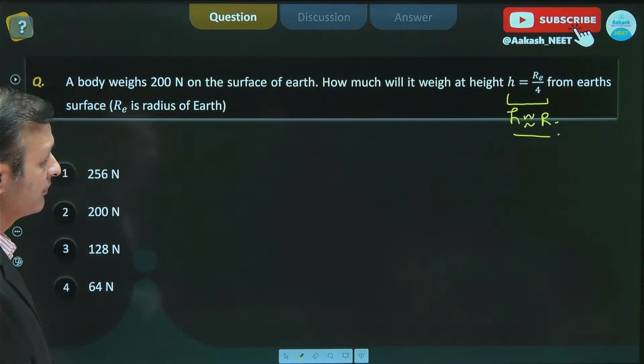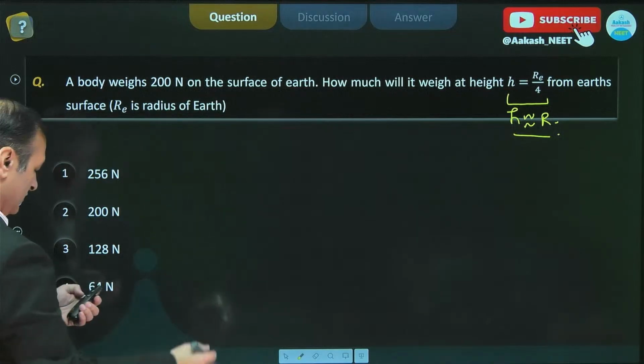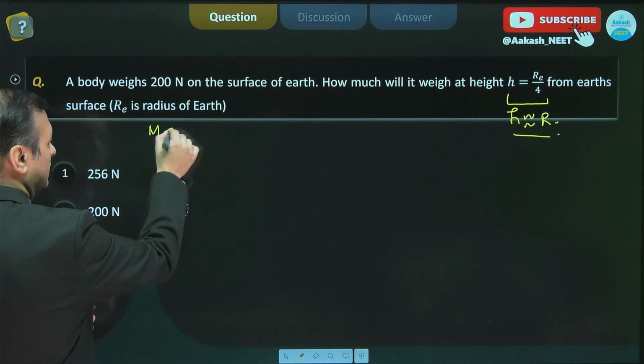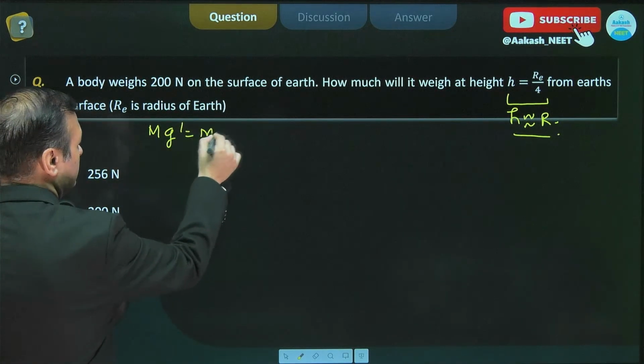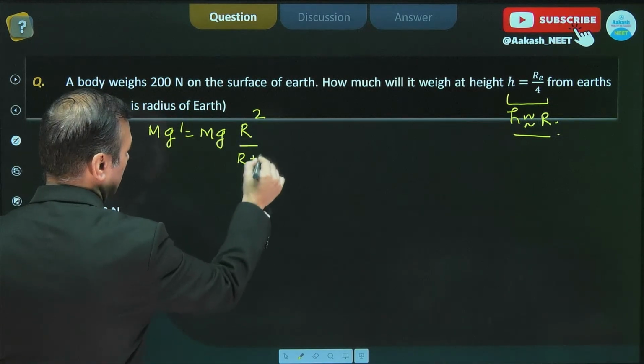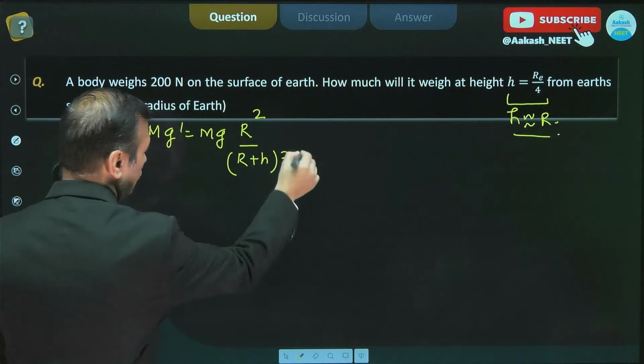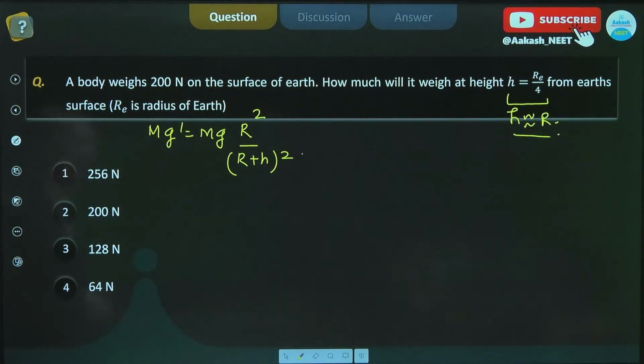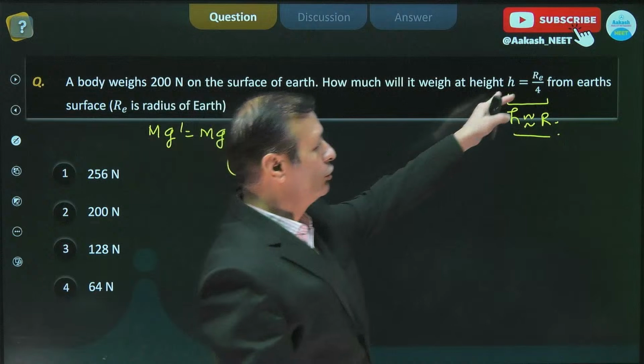So it means we have to go for the second expression, and this expression clearly says mg r square upon r plus h whole square. Very important point to be noted here again.